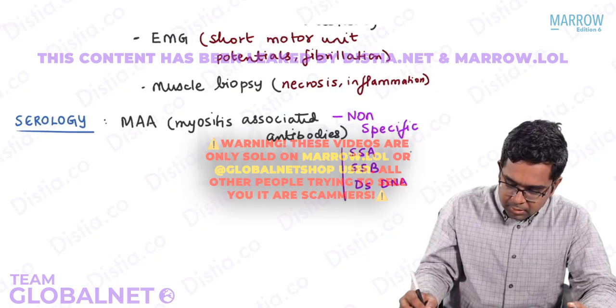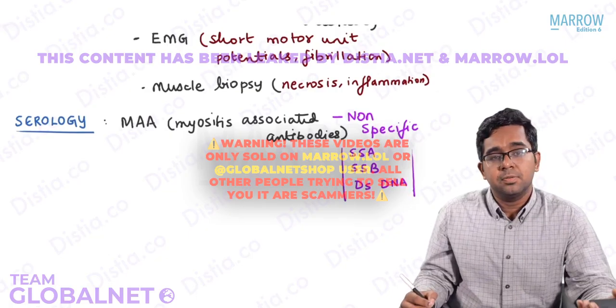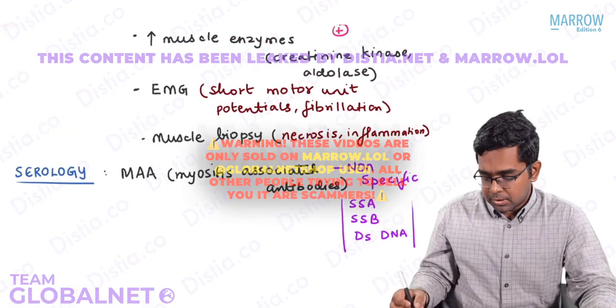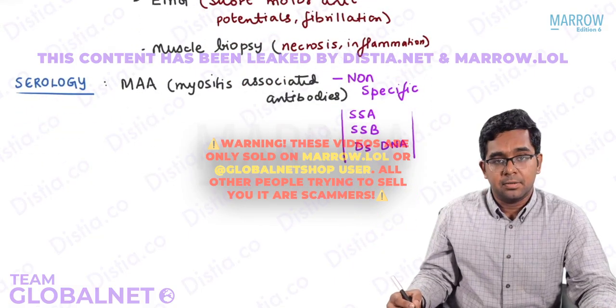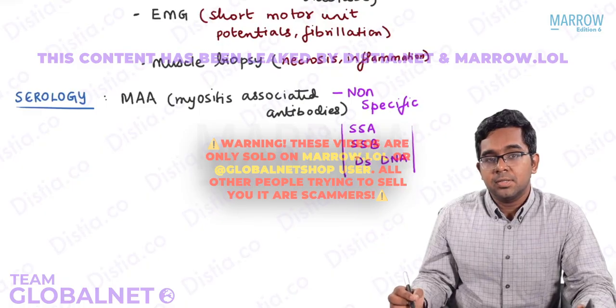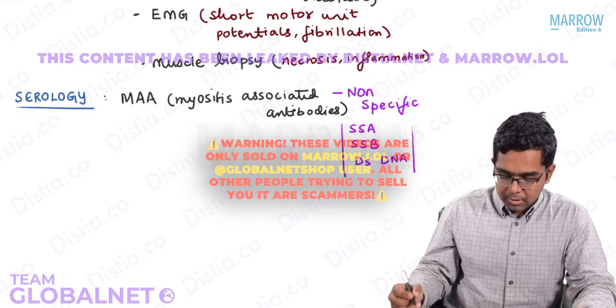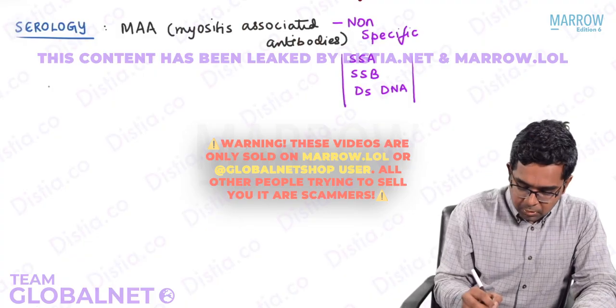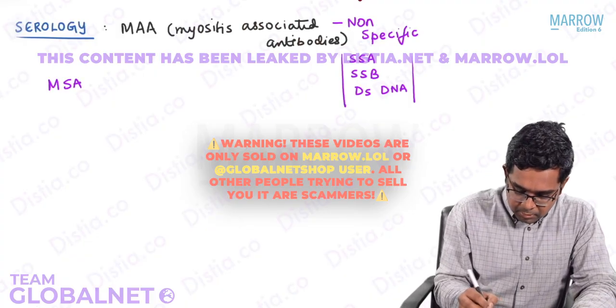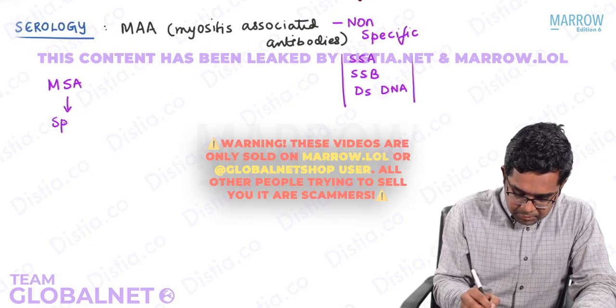You all know that these are not specific for this condition because you have studied them in other rheumatological disorders like in SLE as well. That is why they are called as myositis associated antibodies and not specific antibodies. Okay, right? The next group of antibody is what we called as MSA. Here S stands for specific antibodies.